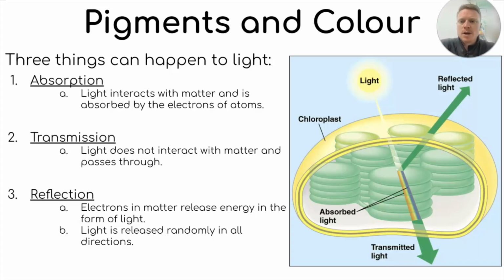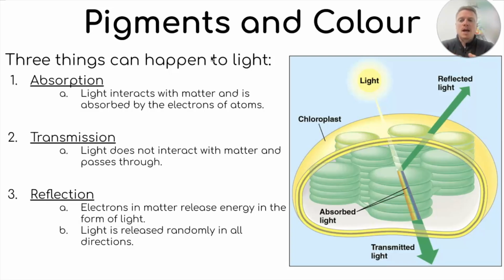So how does this relate to photosynthesis and to plants? Well, plants contain a pigment, and a pigment is just a color essentially, and there are three things that can happen to light when it interacts with matter. The first thing is absorption. If light hits a substance, that matter can actually absorb the photon and gain its energy.